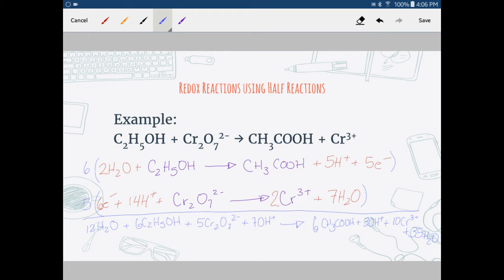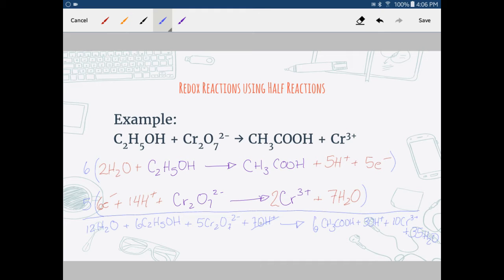Okay, so again, I can cancel out any common entities that I have on both sides. What did I write down here? I'm not even sure where I got this from.